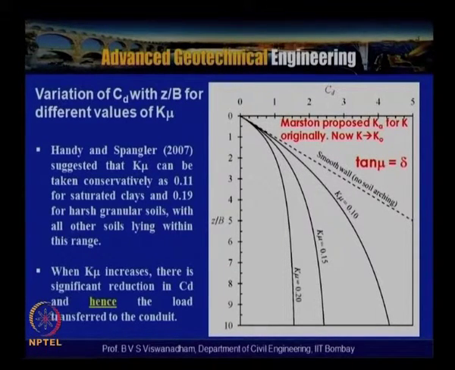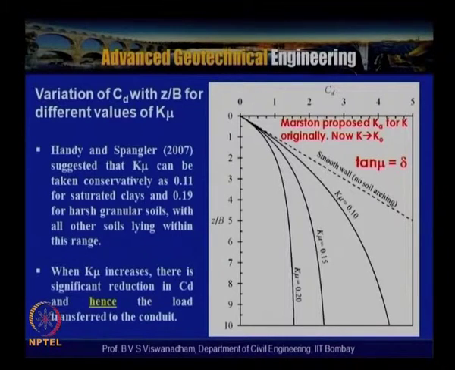Now it is convenient to consider K is equal to K0, the coefficient of earth pressure at rest, which by Jaky's formula is 1 minus sin phi, where phi is the friction angle, and it is also convenient to consider tan mu is equal to delta, where delta is the interface friction angle between the backfill soil and the soil on the side wall.